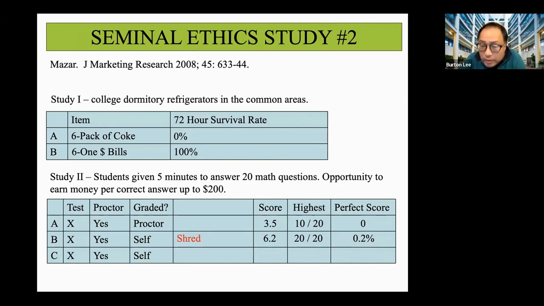And again, you shred the original test paper and write down your score on a little piece of paper. But instead of you turning in that sheet and me giving you money directly, you are given some type of token. So let's say, like poker chips, for example. Okay, you're given a token for each question that you say you get right.